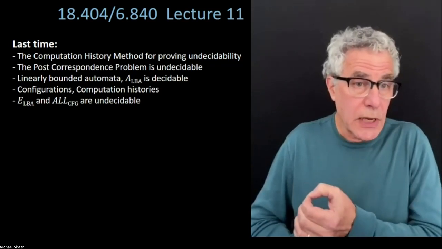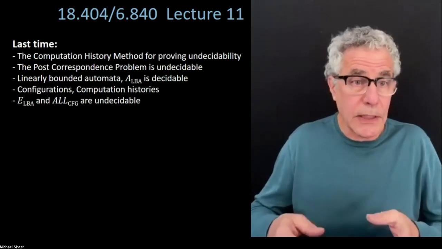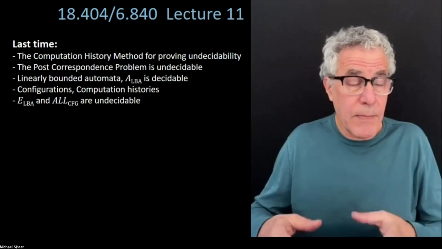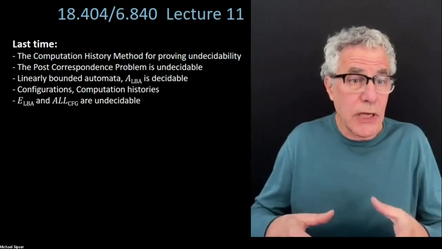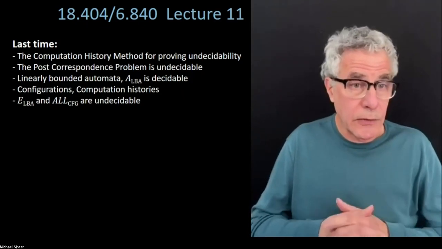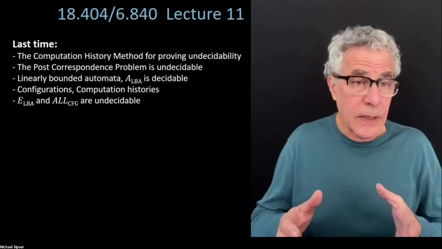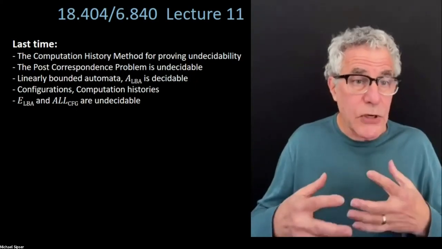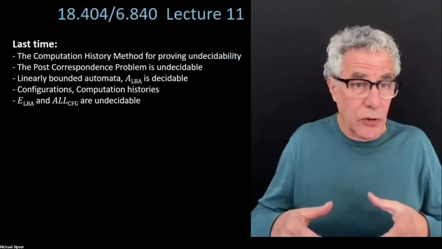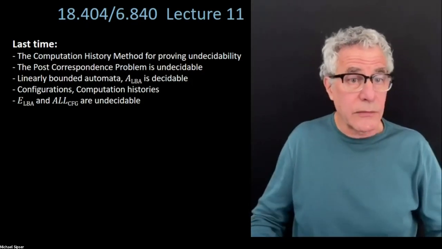The other variables are there to help you decode that so that the polynomial can actually check it. It becomes a solution if that actually is a legitimate computation history of M on W. So it really uses the very same method that we've been using all along, but it's pretty hairy to construct that polynomial and do the check in the way that you need to do.